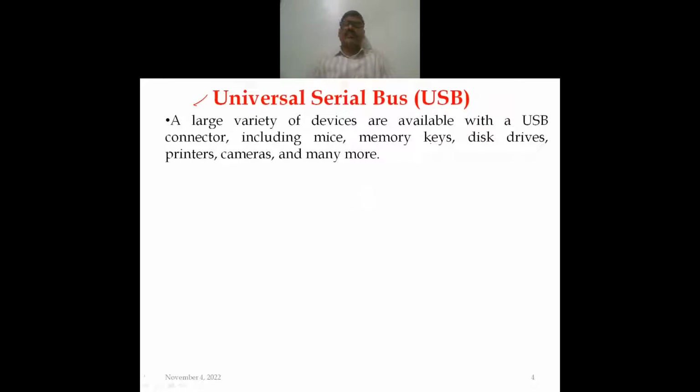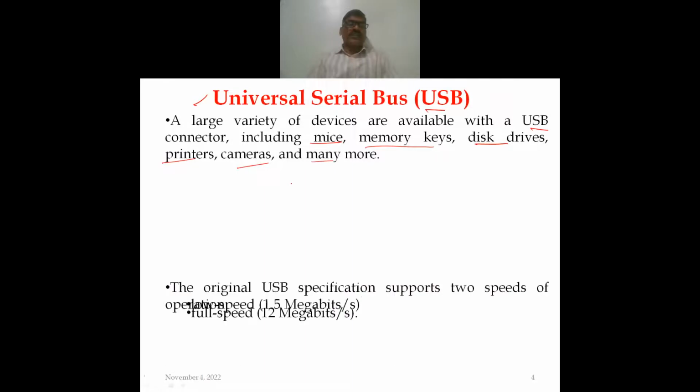A large variety of devices are available with a USB connector. A mouse, memory cards, disk drives, printers, cameras, and many more devices have the facility to connect to the computer via the Universal Serial Bus.